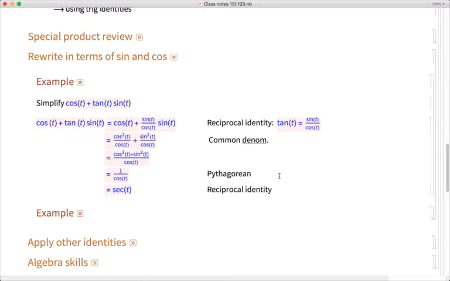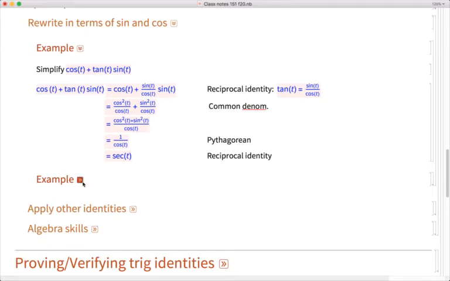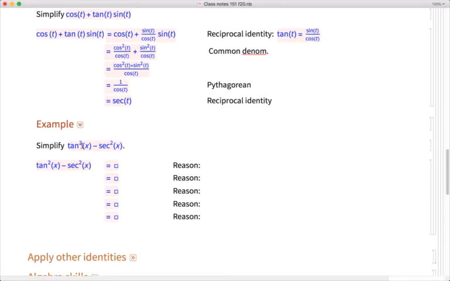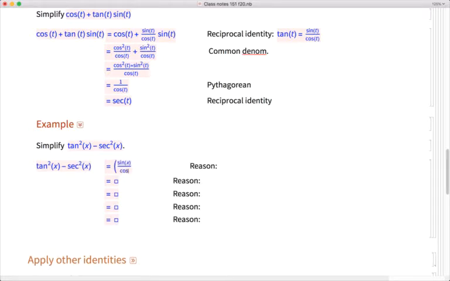Okay, we'll try one more. We're asked to simplify tan squared minus secant squared x. Okay, so again, the strategy here is going to be simply to replace trig functions in terms of sine and cosine. So tan is sine x over cosine x, and that's squared.